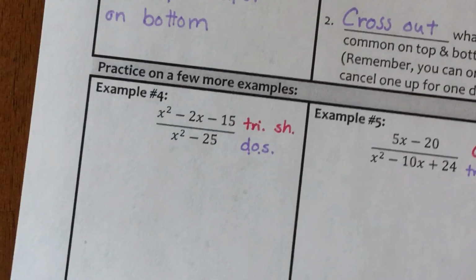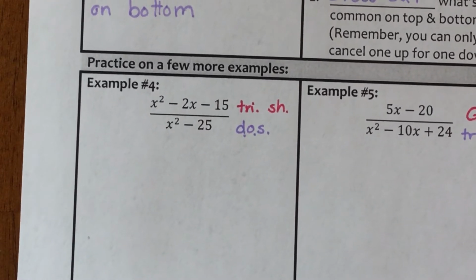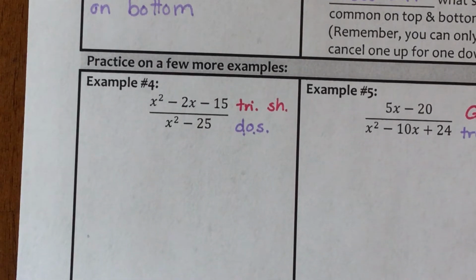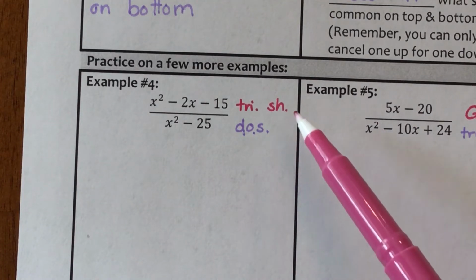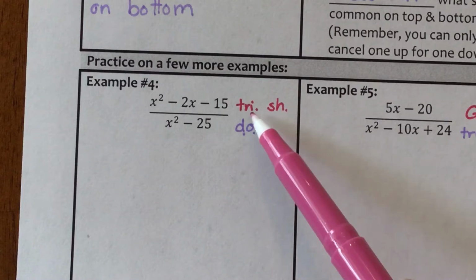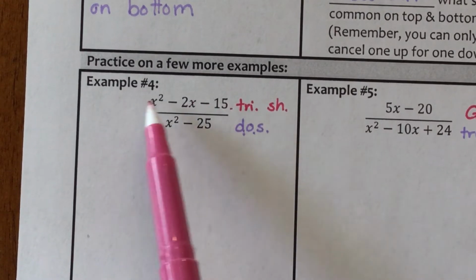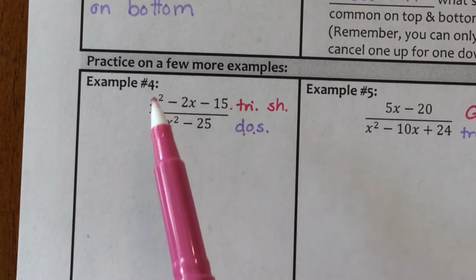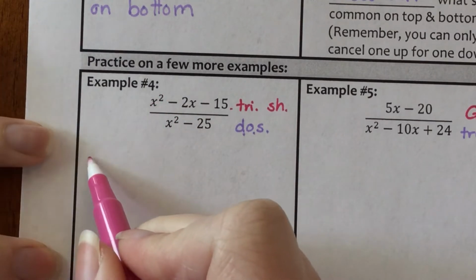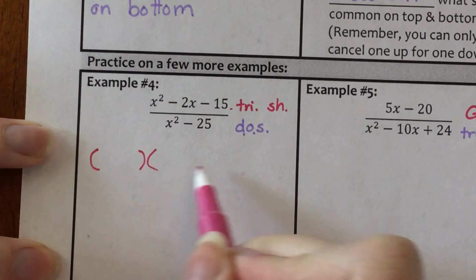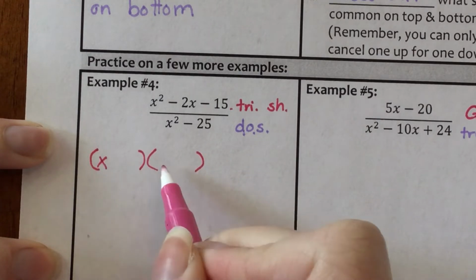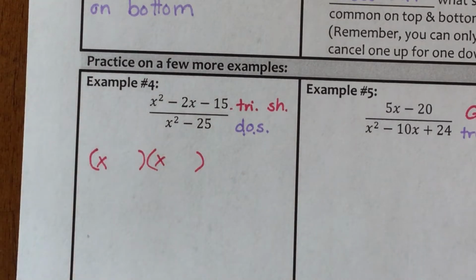Example 4. We're going to get some practice with simplification where we actually have to factor it out ourselves. I've made a note on each of these about what kind of factoring it is. The top is a trinomial shortcut. It's quadratic, so we know we're going to end up with two sets of parentheses that both start with an x.